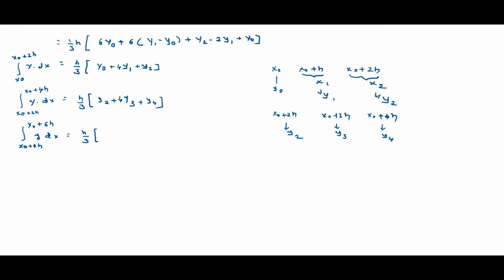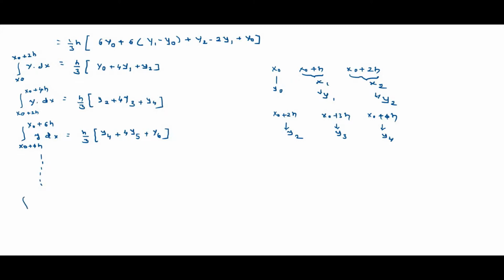The lower limit is x0 plus 4h, that is x4, its corresponding value is y4. The next odd term we can write as 4y5, and the next even term as y6. Continuing in the same way.